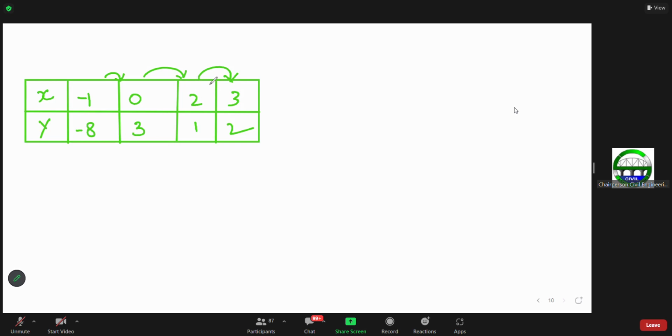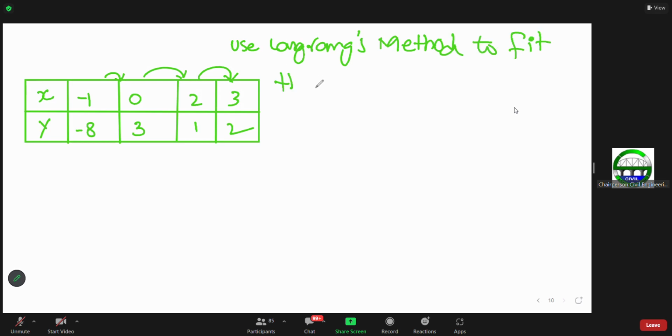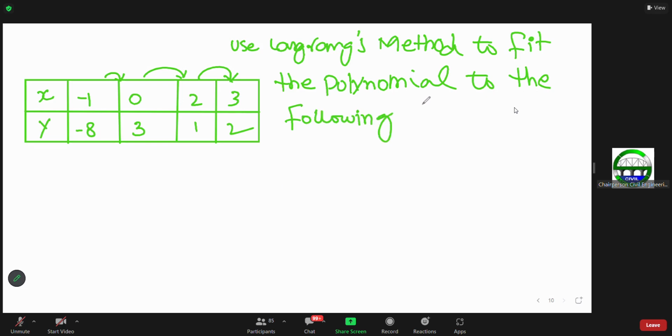So they say use Lagrange method to fit the polynomial to the following data.